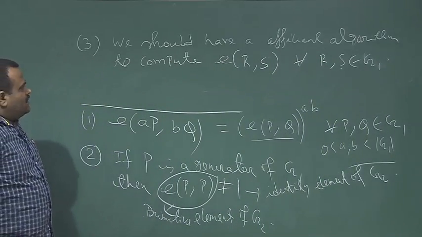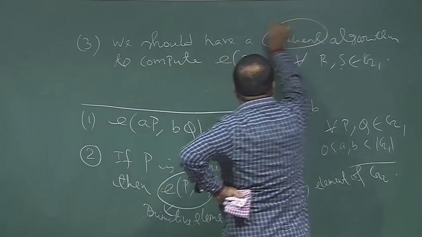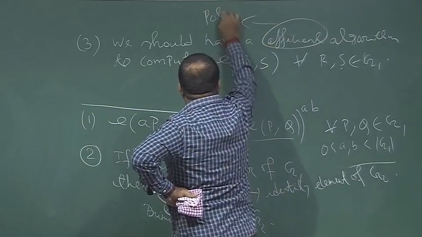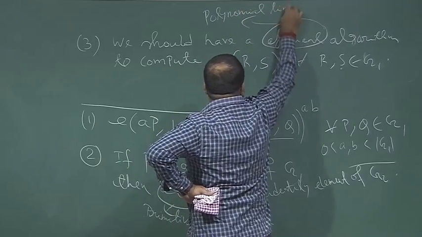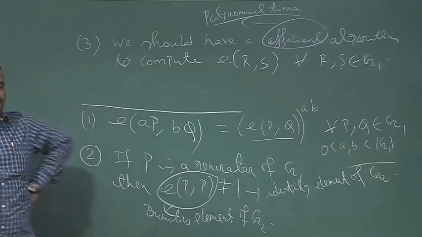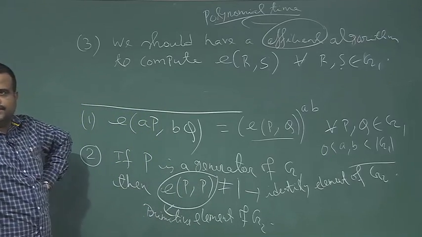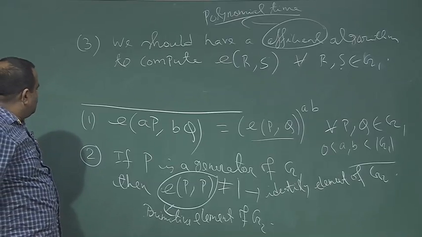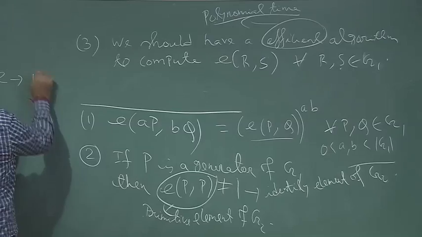Efficient means a polynomial time algorithm. So we should have a polynomial time algorithm to compute this pairing. If these three properties hold, E is called a bilinear pairing, or just a pairing.